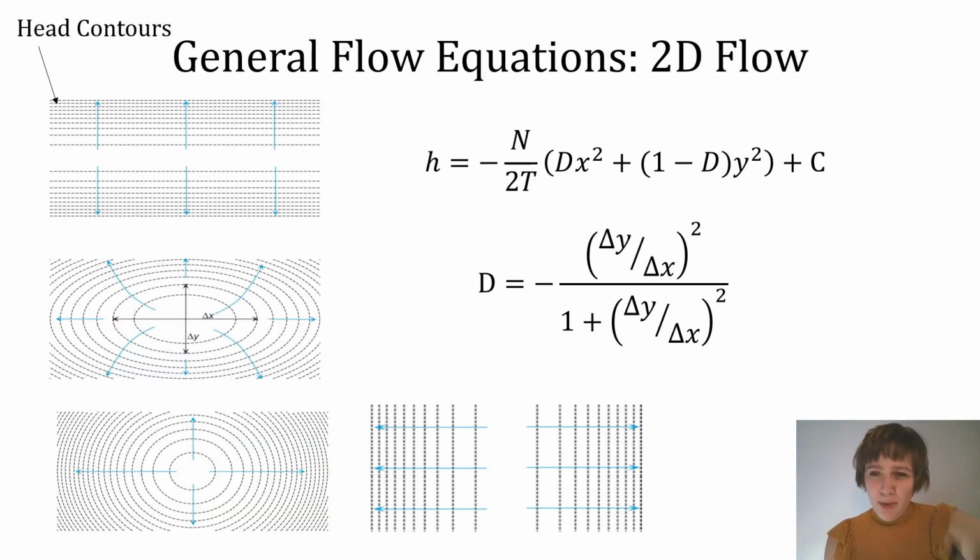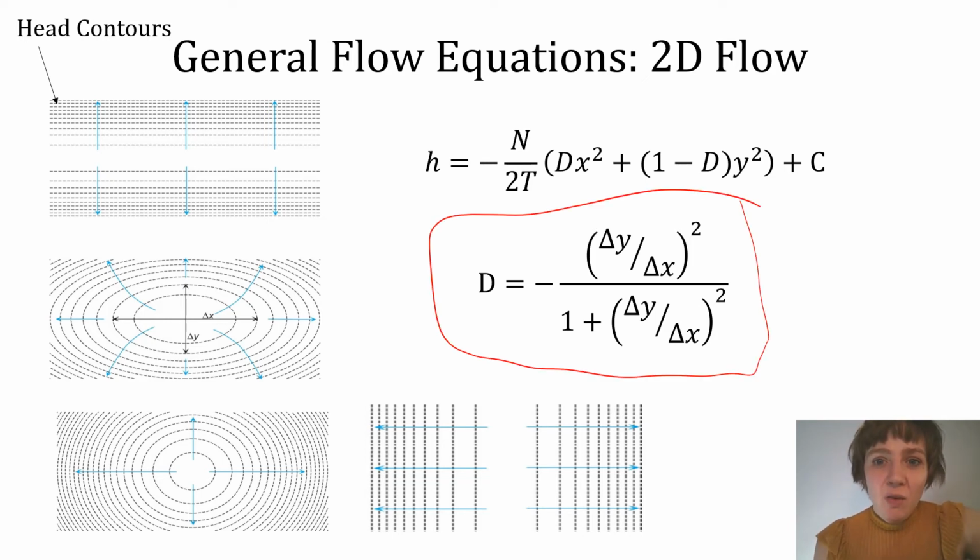And while we're on the topic, let's go ahead and make sure we all understand how to calculate d. First off, the equation here only works when d is in 2 dimensions, when it's an ellipse. For the case of 1D flow in the y direction or 1D flow in the x direction, in those two instances, d is not an ellipse, right?